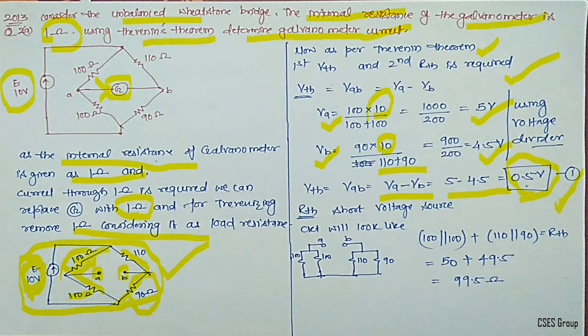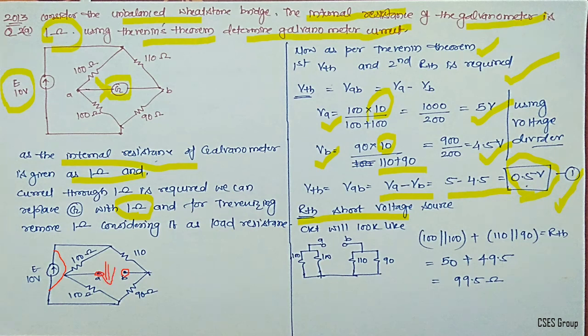Then RTH can be identified by short circuiting the source voltage. Let me remove this. We have to short circuit the source voltage, keep this load terminal open, and look into this load terminal to identify the equivalent Thevenin resistance.